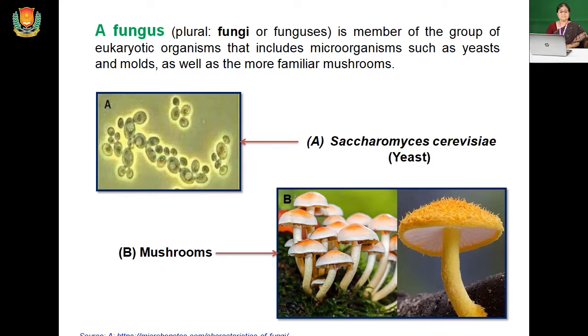The second aspect is that edible mushrooms have a very good protein content, and they are very helpful for us. They are even anti-carcinogenic. They have typical compounds which neutralize carcinogenicity.